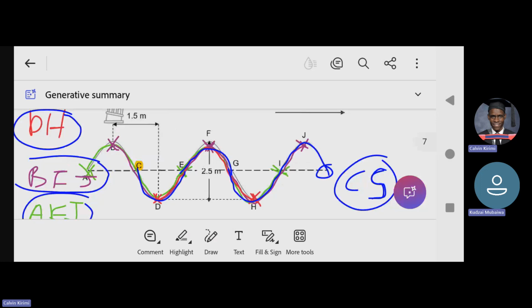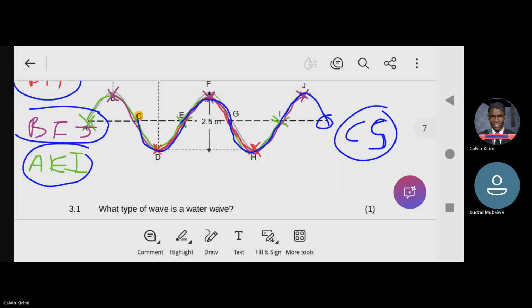They are repeating after every period, which means this point and that point are repeating after every cycle. So points which are not repeating after a cycle, C and E are what? Is C and E in phase? Yes, sir.